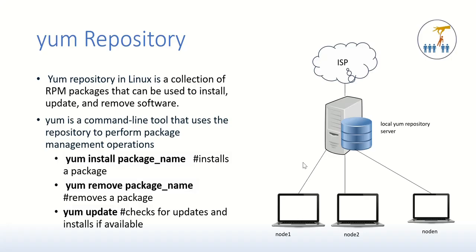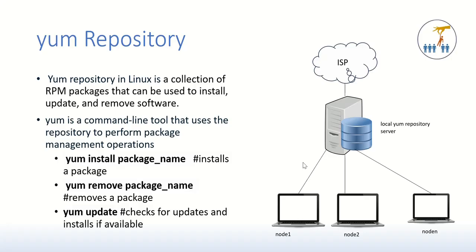To avoid such things, the best solution is to have one single repository server with the same versions of packages, synced up from the internet service provider. Using this local repository server, all other nodes can sync up or install their packages from it. As we see in this picture, we can have any number of nodes.